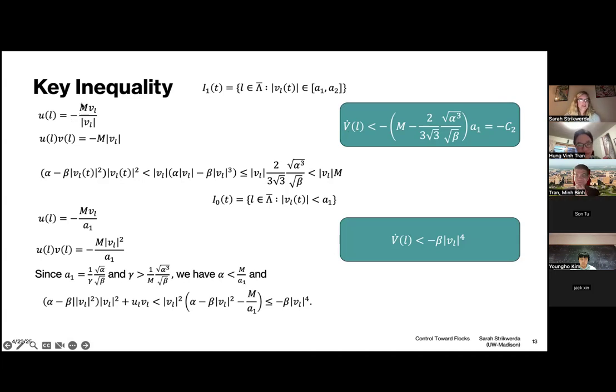And it works out well when this UL is some constant times VL. And this is the maximum constant times VL that we could use for UL to ensure that UL is less than M. And so there's not really much we can do here except assume that M is greater than that value.